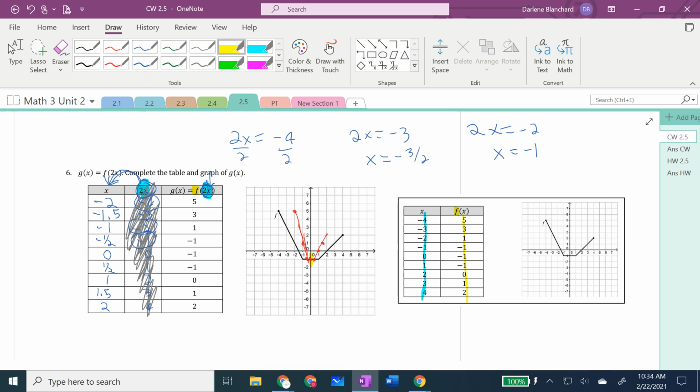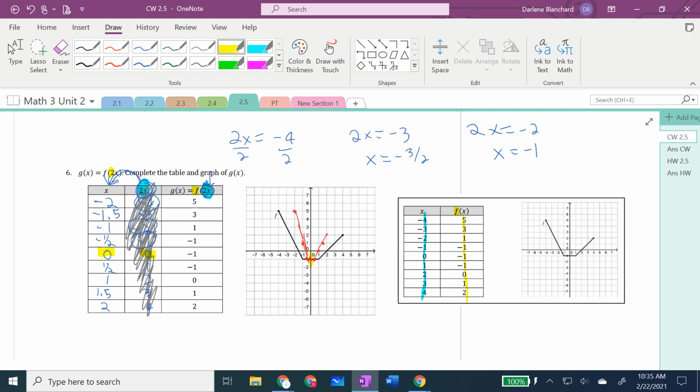That could not have been changed, because 0 times 2 is still 0. Everybody else, the x-coordinate had to be divided by 2 before the function took place. And then the same y values came out.